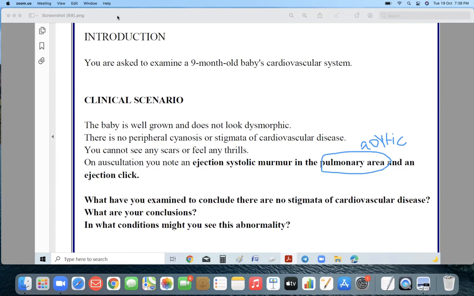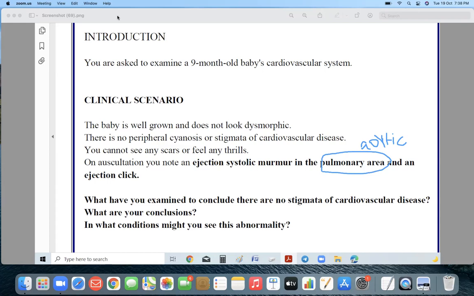If it is forceful, then is it sustained or not? If sustained, that means it is heaving, and a heaving apex occurs in aortic stenosis. Just to memorize: heaving apex is aortic stenosis.